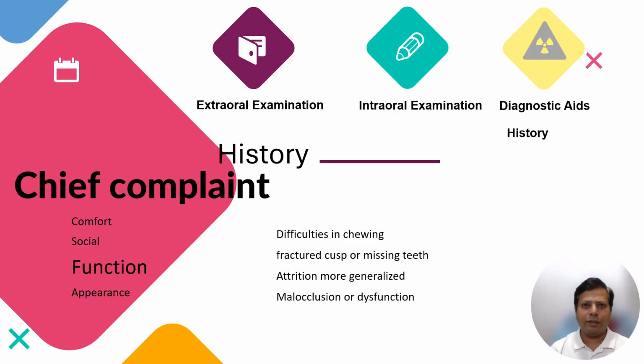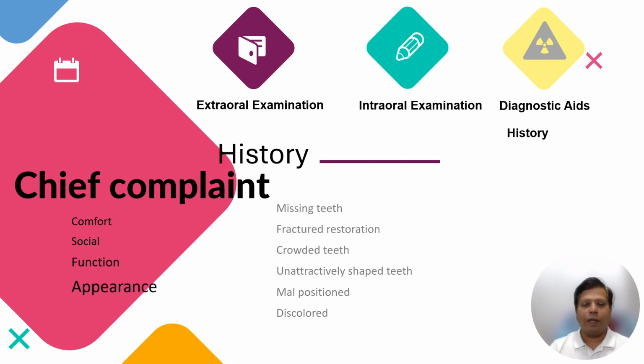Is there attrition, and if present, whether it's localized or generalized? We also note down any malfunction or dysfunction that is present. Under appearance, we note down information about missing teeth, fractured teeth, fractured restoration, any crowded teeth, any unattractively shaped teeth, malpositioned teeth, or discolored teeth.